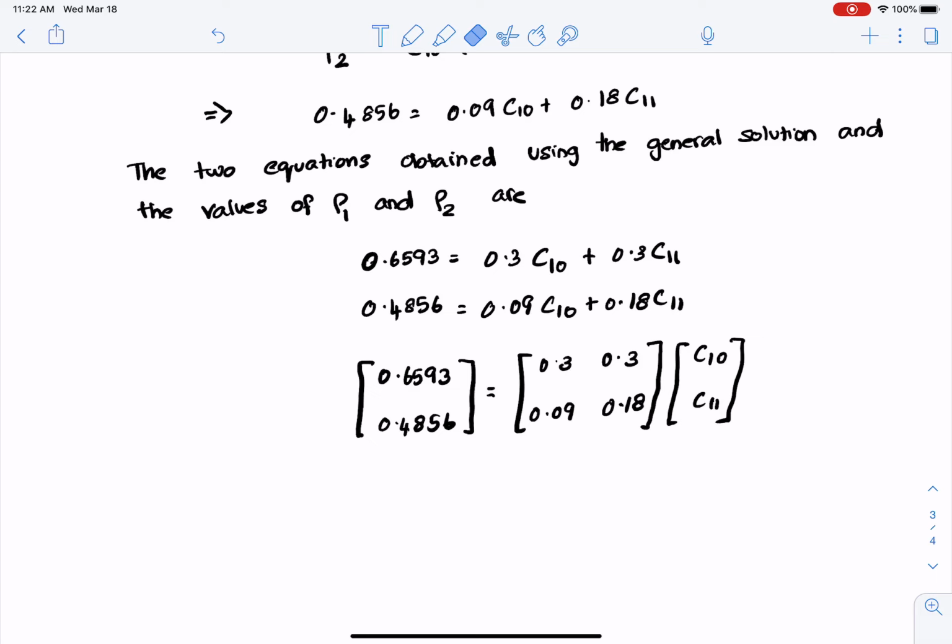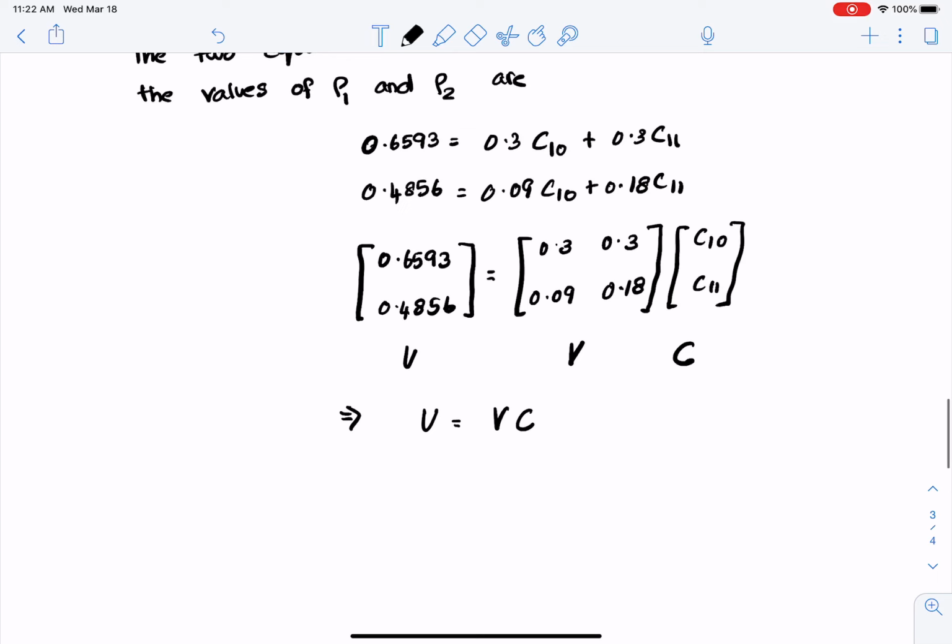We'll call that column vector U, that matrix V, and that vector C. This would imply U is equal to V times C, which would give us C equals V inverse multiplied by U.